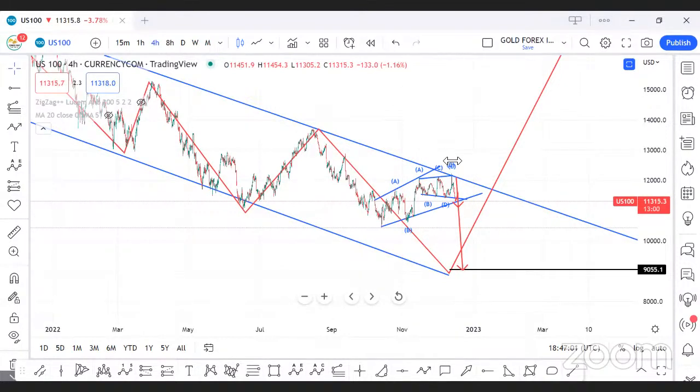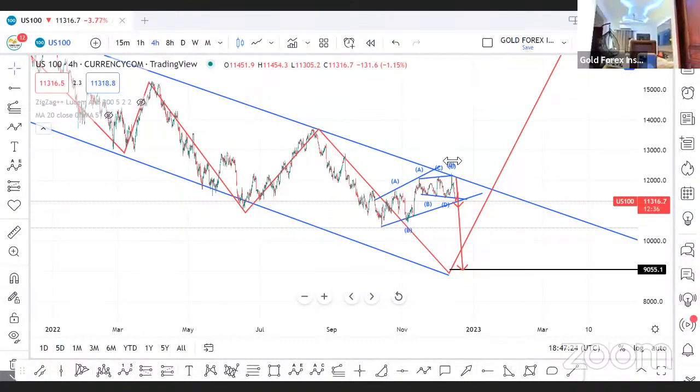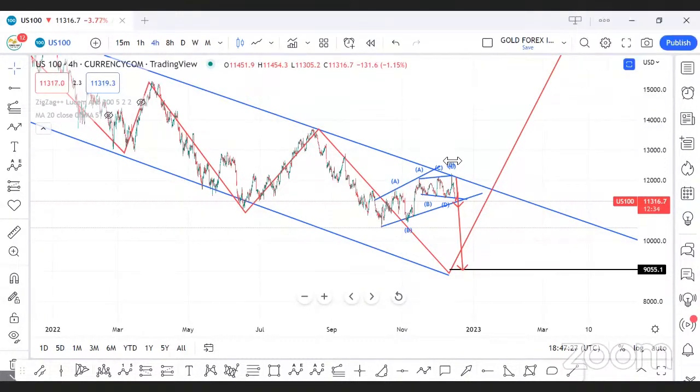Good, Charlie. And you see, the mistake that a lot of beginners make is once you see a setup that you think is highly probable, then they forget about risk management. Then they want to go all in.